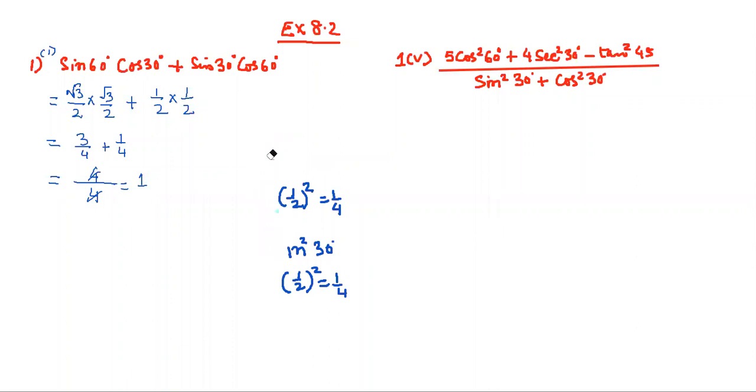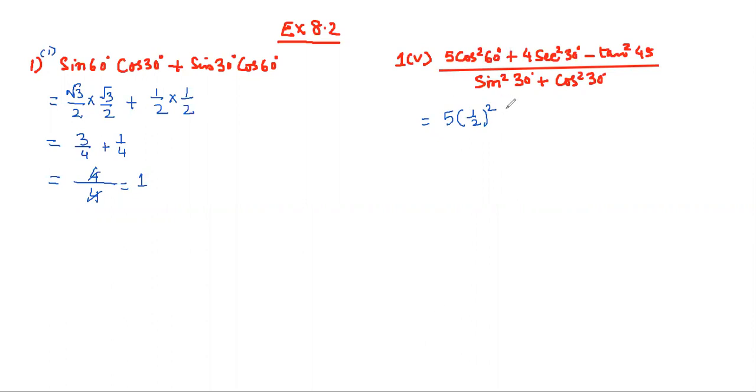So let's start solving the fifth part of question number 1 of exercise 8.2. So here we have 5 cos 60 degree is 1 by 2, so 1 by 2 square, since you are given cos square 60.